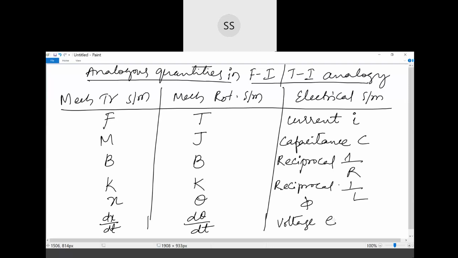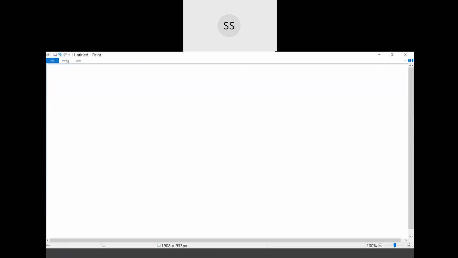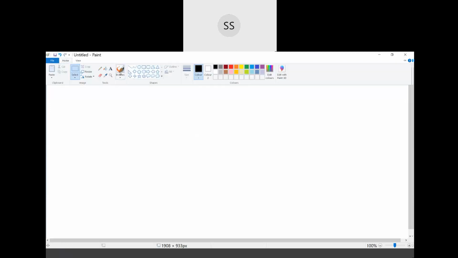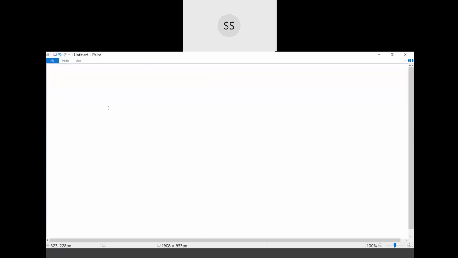So finally we are going to represent the analogous quantities in the force-current and force-voltage analogies.